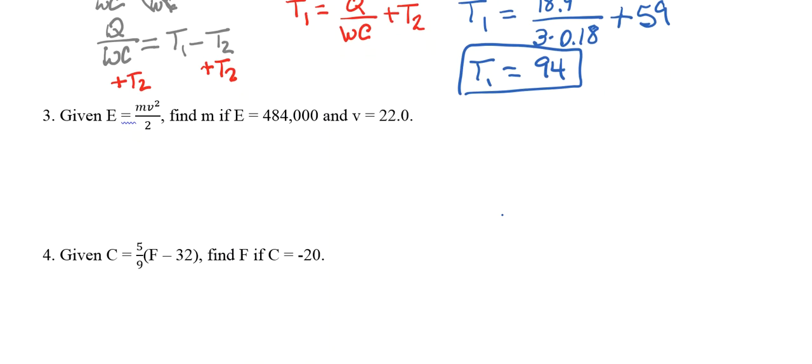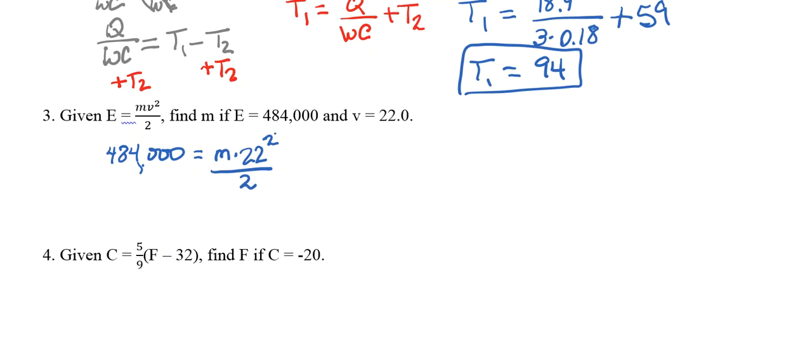On number 3, given E equals mv squared over 2, find m. So I'm going to go ahead and plug in first. I have 484,000 as my E, equals m, which is what I'm solving for, times v, which is 22, and don't forget to square it, divided by 2.